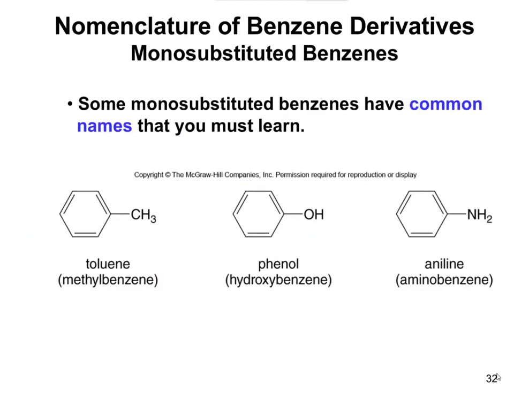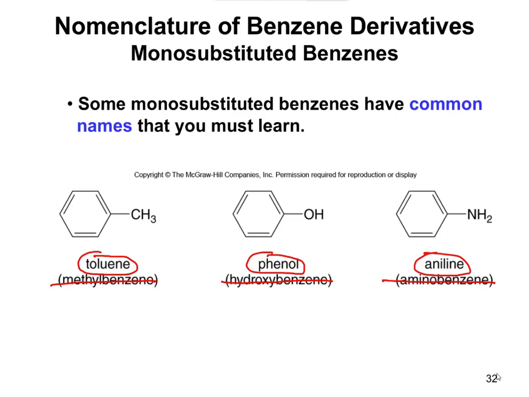All right? Now, here's where it gets a little bit trickier. If you have one of these three common monosubstituted benzenes, so benzenes with one substituent, you have to learn their common names. So you want to learn toluene, you want to learn phenol, and you want to learn aniline, right? Because we're not going to use methylbenzene, and we're not going to use hydroxybenzene, and we're not going to use aminobenzene.